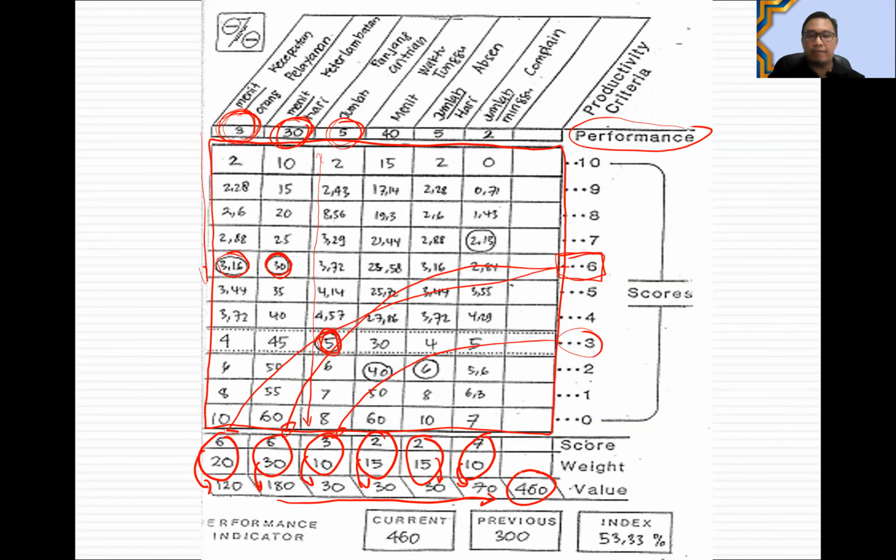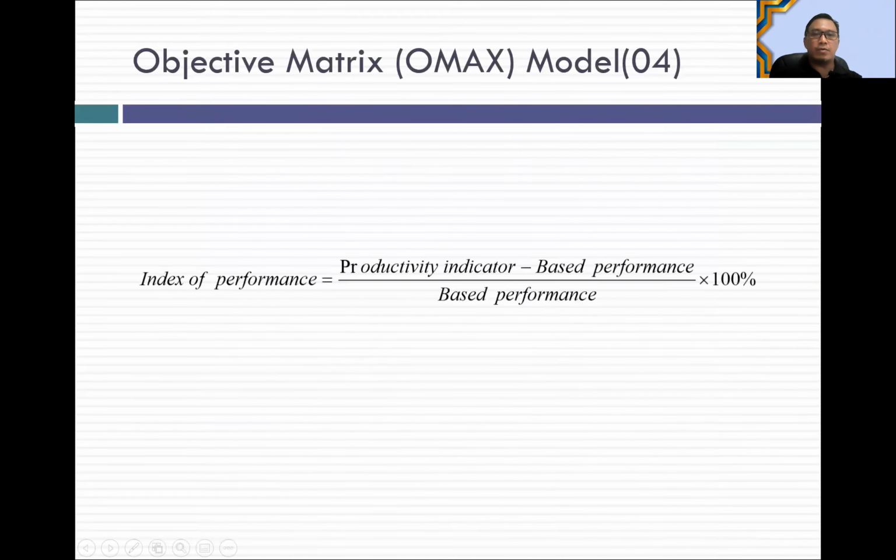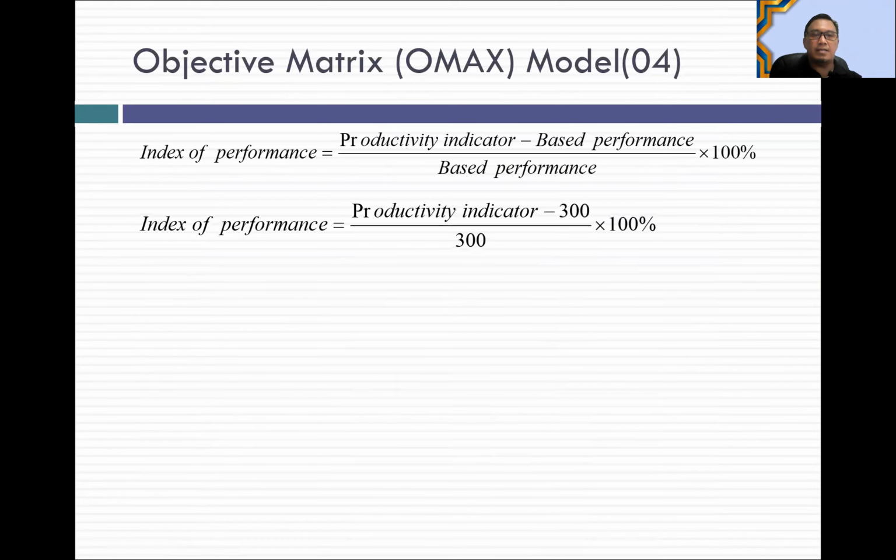So the index is 53.33. This is the formula: index of performance is the productivity indicator on the measure period minus the base performance, which is 300, divided by the base performance.